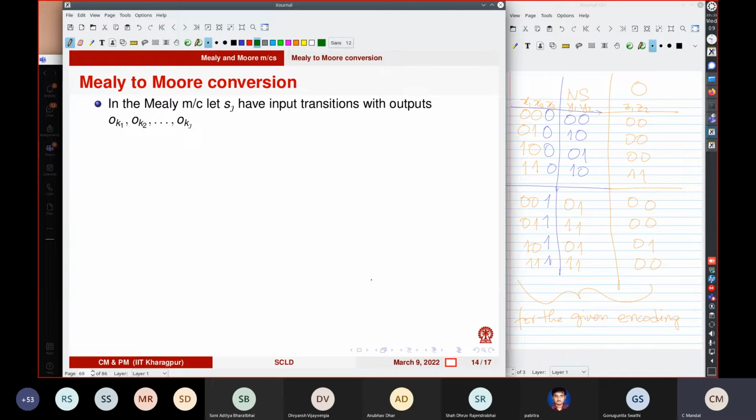So let us look at Mealy to Moore conversion. In case of a Mealy machine, say you're in state Sj.